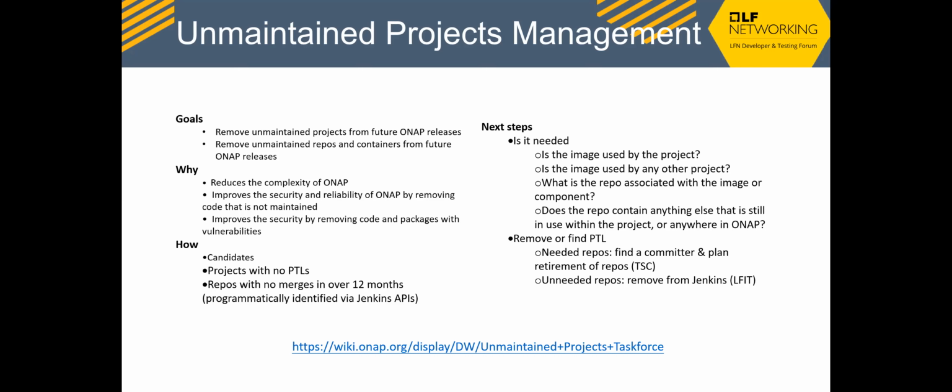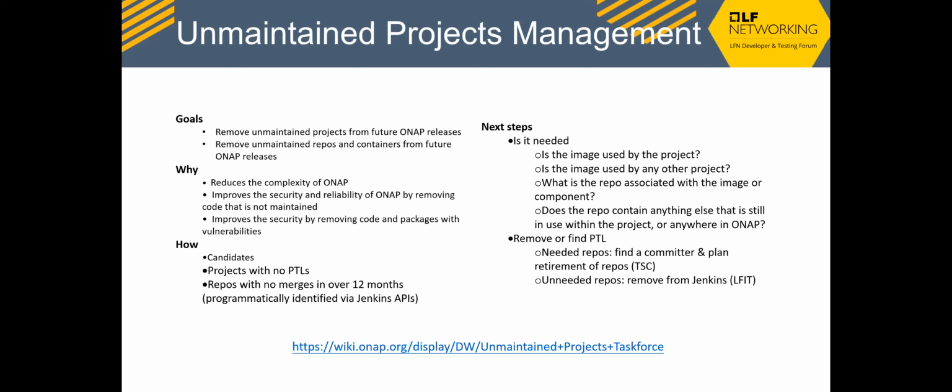packages with vulnerabilities. If there is no PTL, unfortunately, there are no upgrades performed by those projects, and there are still some old vulnerabilities related to old packages there. So this is really significant work that needs to be done to improve the security of the project.